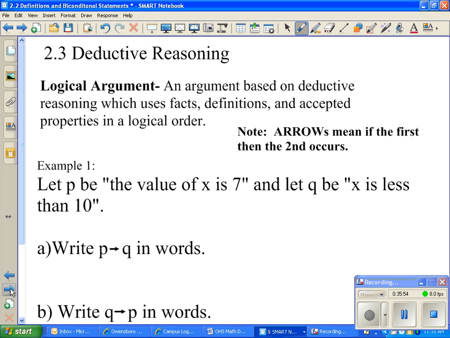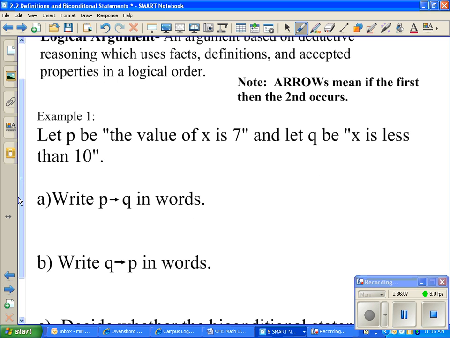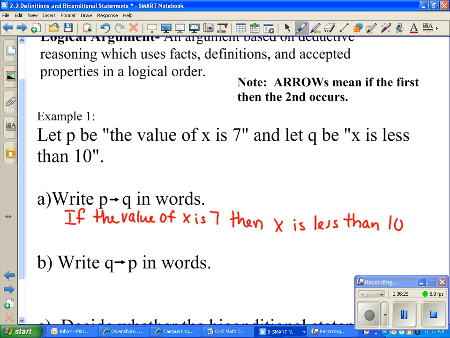This one here says, example 1, let P represent the value of x is 7. Let Q be x is less than 10. So this says, write P, then Q in words. So what it means is this: if the value of x is 7, so this is P, then, that's what the little arrow means, then Q, and Q is x is less than 10.